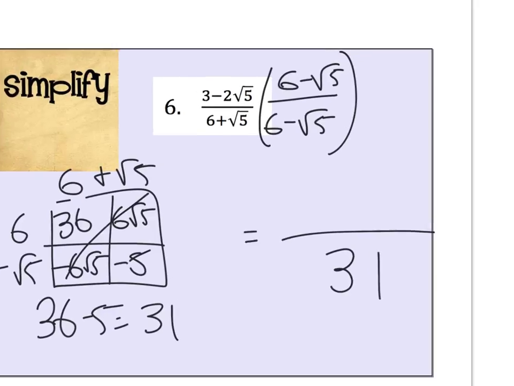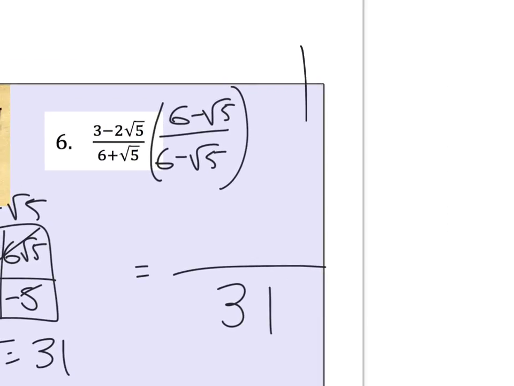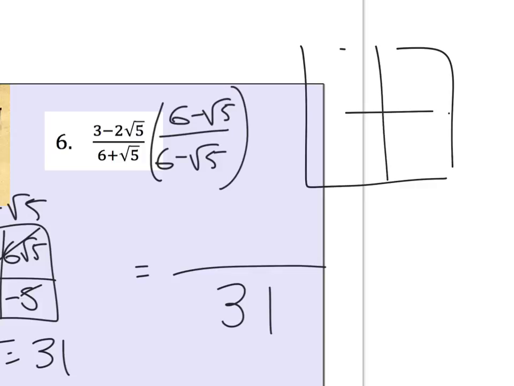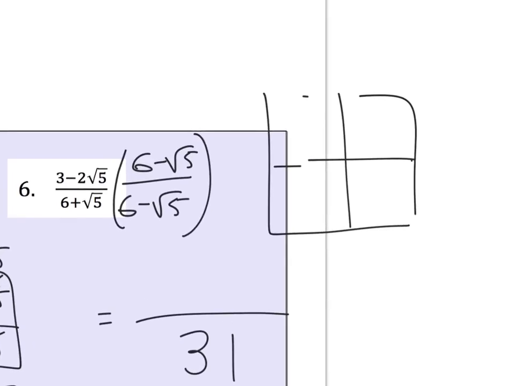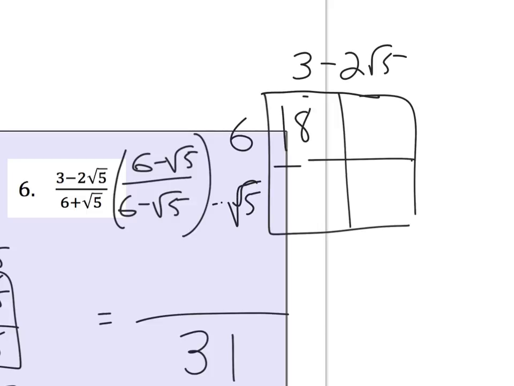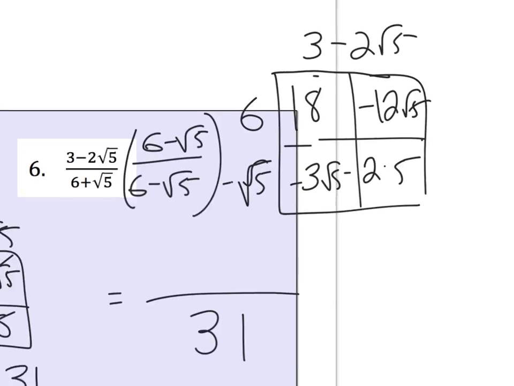On the top, follow your same rules. So that's going to be 3 minus 2 square root of 5 times 6 minus square root of 5. 18 minus 12 square root of 5, minus 3 square root of 5, plus 2 times 5, which is going to be 10.